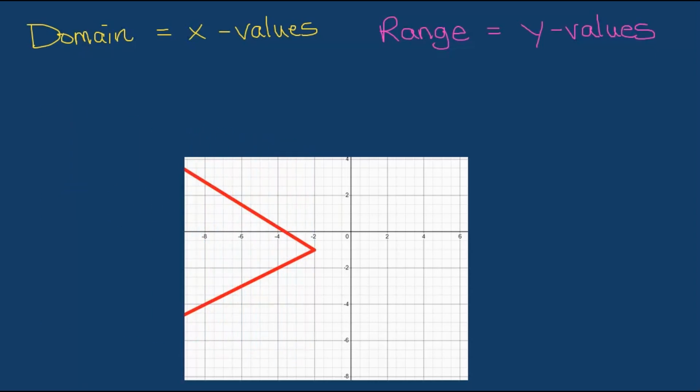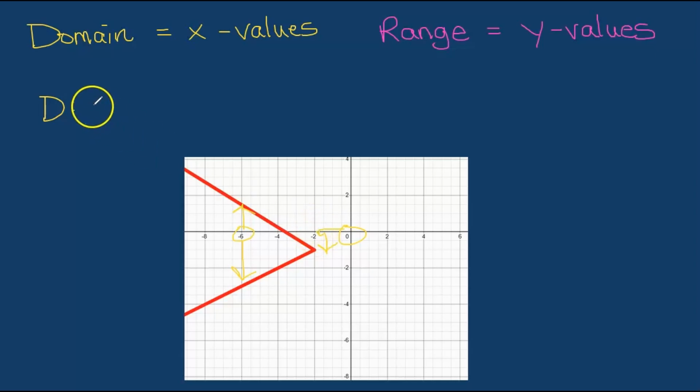So we're not going to talk about what this function is, but we can still list its domain and range. So the domain is going to be x values, and if we put in -6, for example, we will hit something, but if we put in 0, or for that matter, anything greater than -2, we're not going to hit the function either.